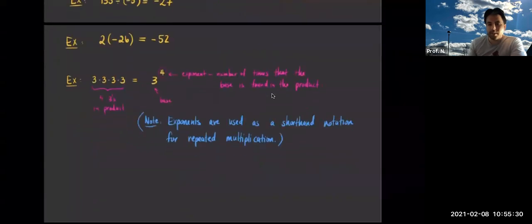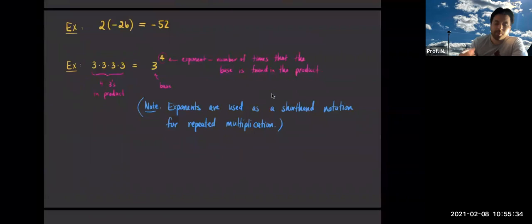You can also think of multiplication as a shorthand notation for repeated addition. So if you add 3 plus 3 plus 3 plus 3, you can just say 3 times 4. But if you multiply 3 times 3 times 3 times 3, it is 3 to the 4. So, okay, good.